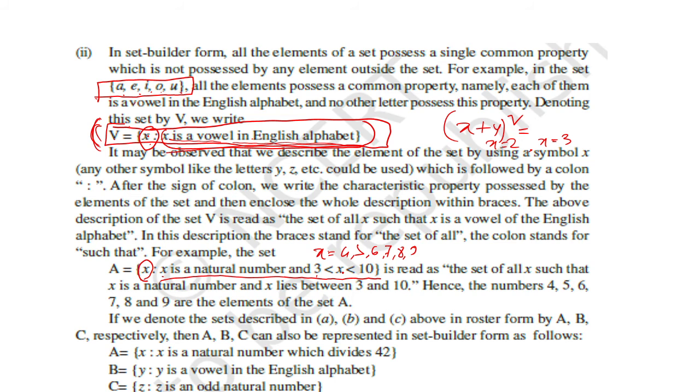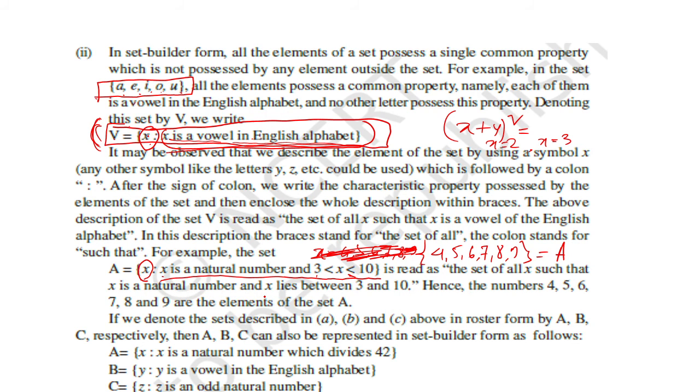Only then will it take 3 and 10 also. So here the set will look like this. If I cut these things, then the set A will be 4, 5, 6, 7, 8, 9.